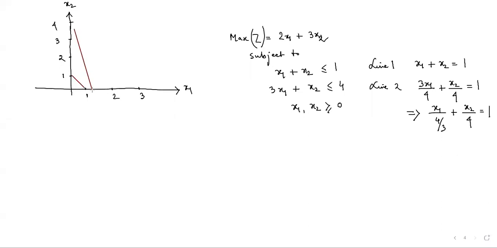I'm joining this with 4. So these are the two lines. And the common feasible region obtained is the following. For the first line, the region is this one. For the second one, the region is the following.